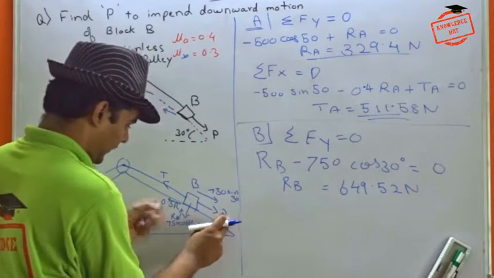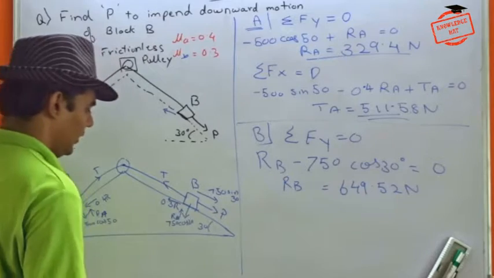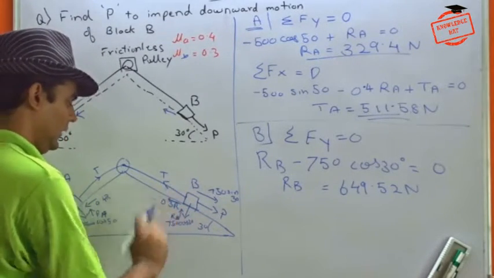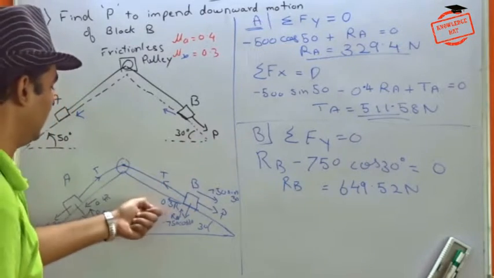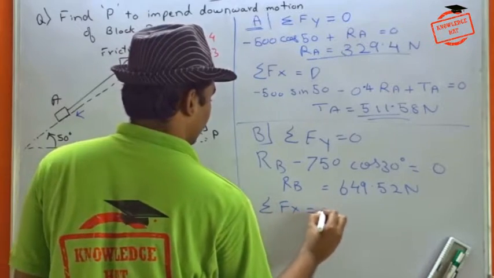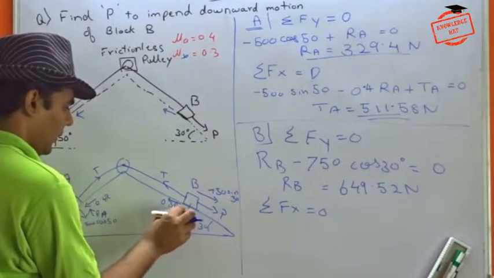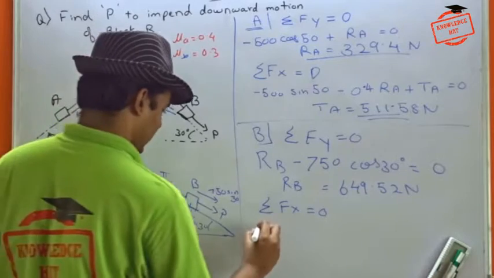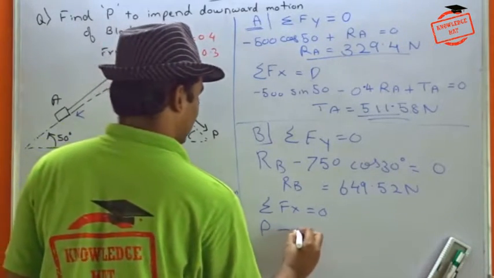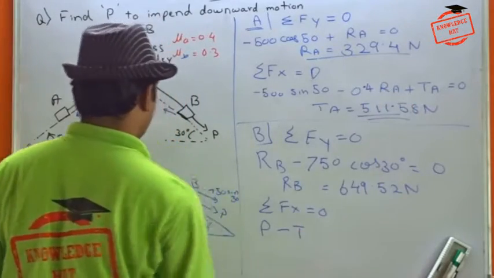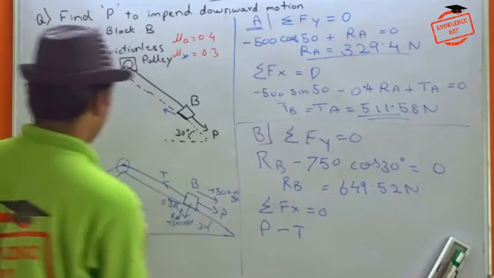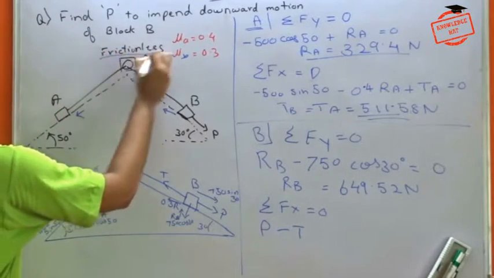We need to find P, which is in the positive x direction. We have calculated T, and now we have the reactional force as well. So we can directly jump to summation Fx and equate this to 0. P is in positive x direction, so it is positive. T is in negative x direction, so it is negative. We already have the value of T. TA is also equal to TB because it is a frictionless pulley, as given to us.